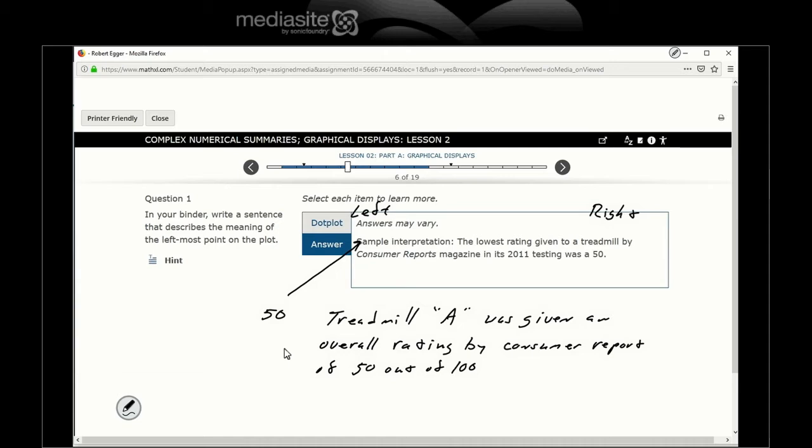The book says the lowest rating given to a treadmill by Consumer Reports magazine in its 2011 testing was a 50. So they said it wasn't just 50; it was actually the lowest. They gave a little more description.